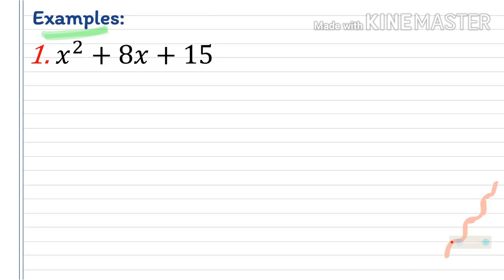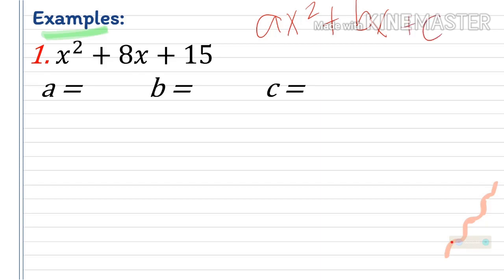For number 1, let us have x squared plus 8x plus 15. So earlier, I have given you the form of the quadratic trinomial, ax squared plus bx plus c. So for us to have the values of a, b, and c, let us look at the numerical coefficients in place of a, b, and c.